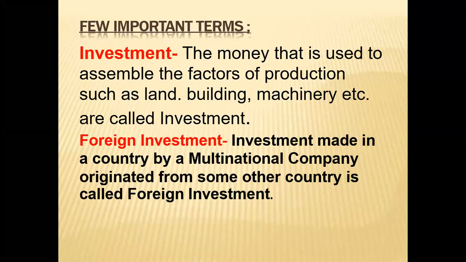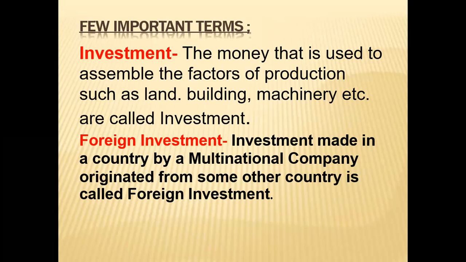Investment. Investment is the money that is used to assemble the factors of production. If you remember the factors of production, land, labor, capital, and human capital. So the money that is required to assemble the factors of production, such as land, building, machinery, are all called investment.